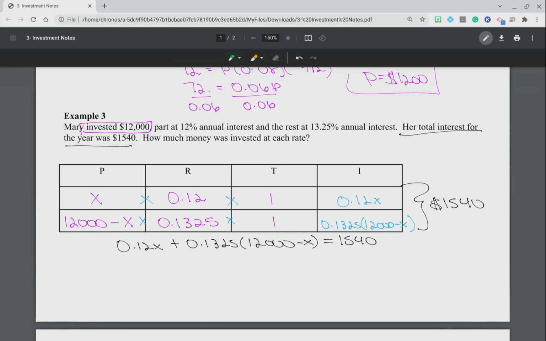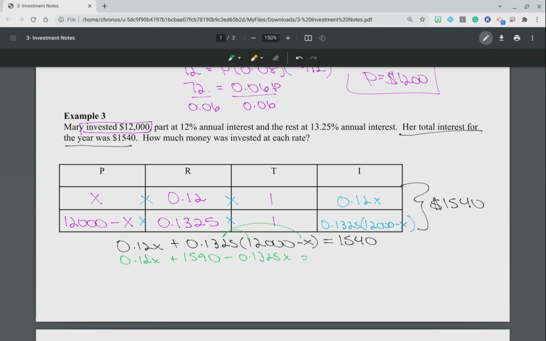So first thing I'm going to do is use the distributive property here. So I have 0.12x plus 0.1325 times 12,000 is 1,590 minus 0.1325x.